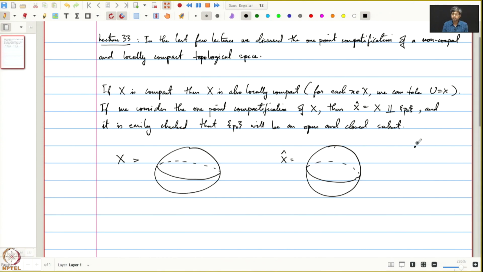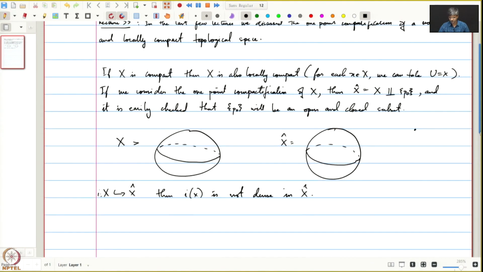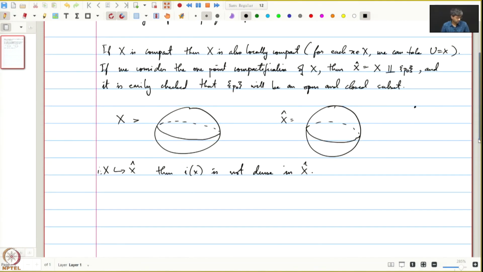So the conclusion is that we have this inclusion of X into X hat, then I of X is not dense in X hat. So in any case, we wanted to compactify things so that we get a compact space, and so if our space is already compact, then it's not very interesting. So this is just a remark.